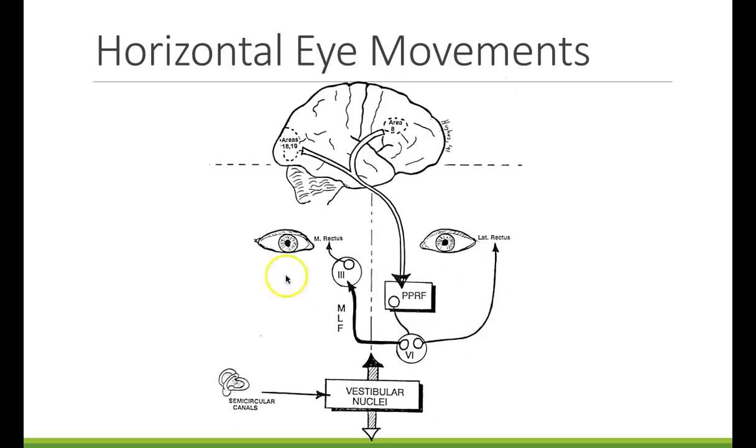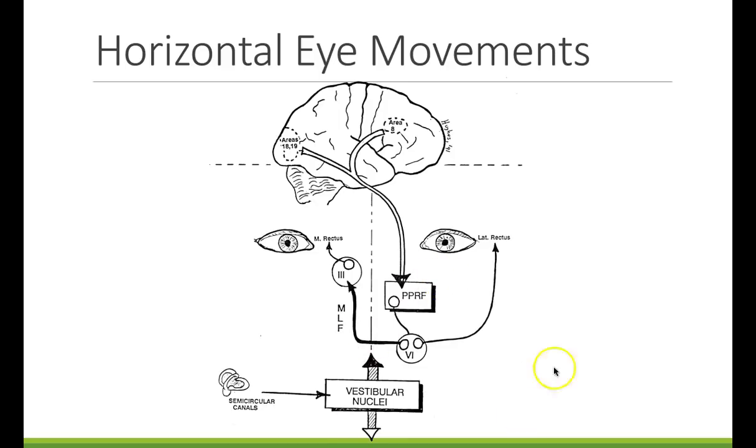One signal goes via the sixth nerve to the lateral rectus to send the eyes over to the right. Also, there has to be a signal that goes over to the medial rectus. In order to get to the medial rectus, it has to get to the third nerve nucleus, and in order to get there, it has to travel via what's called the medial longitudinal fasciculus.